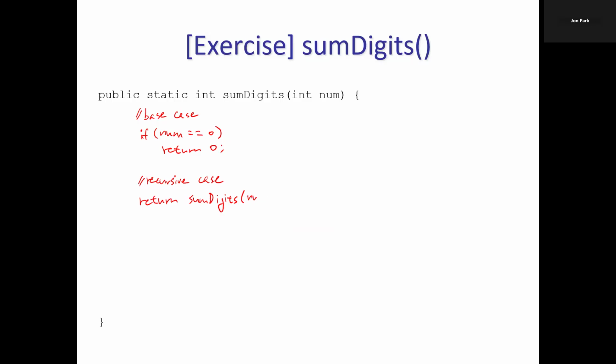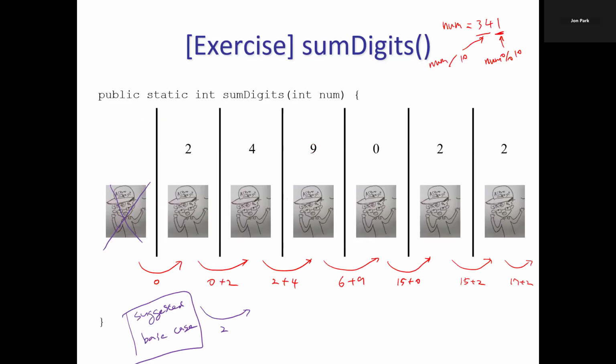You pass on num divided by 10. And then you add the current digit, which is num mod 10. Okay, so that's the first version. But the suggestion was to end one step earlier. So the condition there would be num is less than 10, and you just return num.